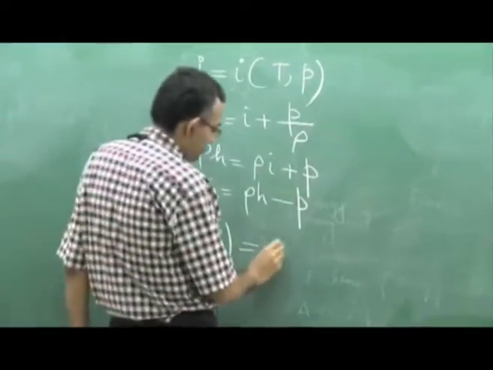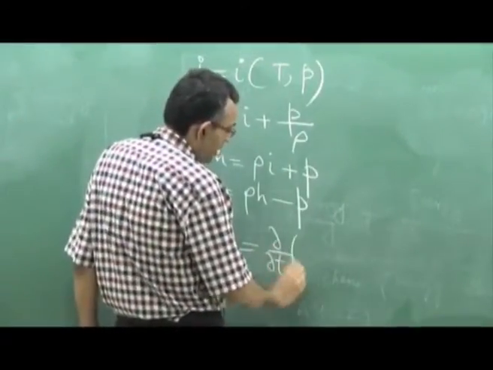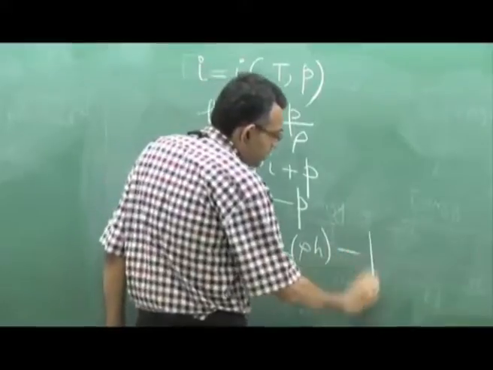So what is this? Del T of rho I, that is del T of rho H minus P.